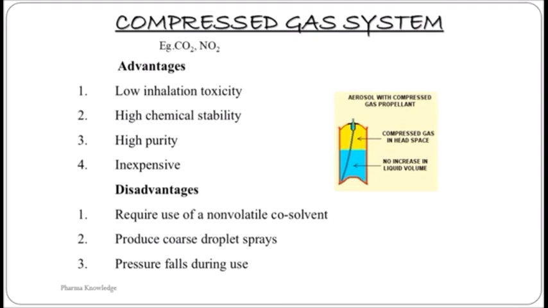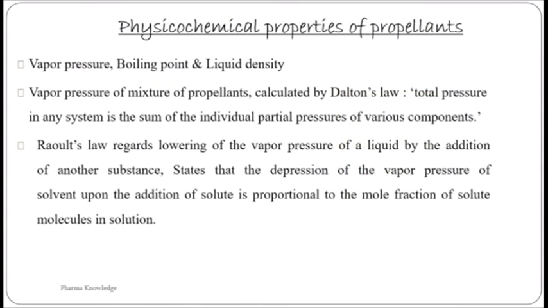Next we see the types of systems in aerosol. First one is the solution system. The solution system is a two-phase system: the first is vapor and the second is liquid. When the active ingredient is soluble in the propellant, no other solvent is required. The propellant used is about 5% foam plus 95% inhalational propellant, which may consist of 12 or A70 products.